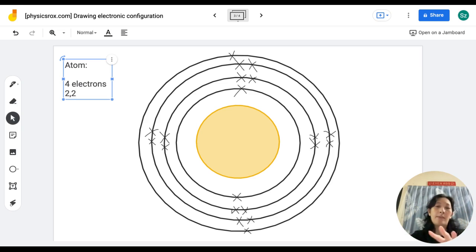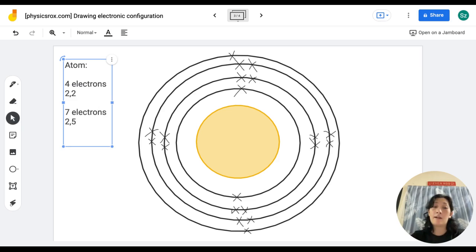Some syllabuses use a comma, some use the period symbol. Depending on which syllabus you use, of course, follow the one that your syllabus uses. Actually, both are accepted. It can be 2, 2, or it could be 2.2. In my case, I'm going to use commas. If there were 7 electrons, then it would be 2, 5.